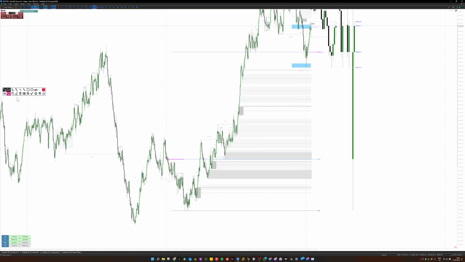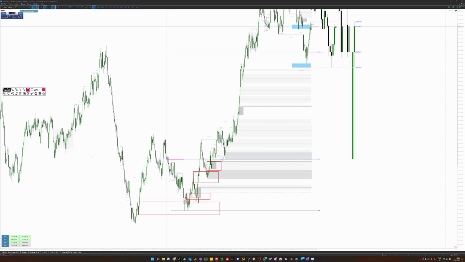Looking at this, we had a nice 5-minute order block here that we traded into, and created a breaker structure here. This would have been another beautiful entry right there. Also here, using this as a breaker, and here also a nice little entry.